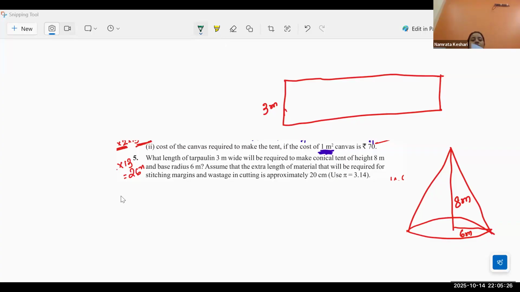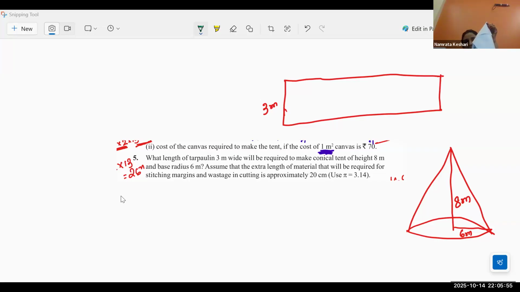First of all, just like this, we are having a sheet, a tarpaulin. And out of this tarpaulin, I am going to make a cone, which looks like this. Can you see the conical structure?